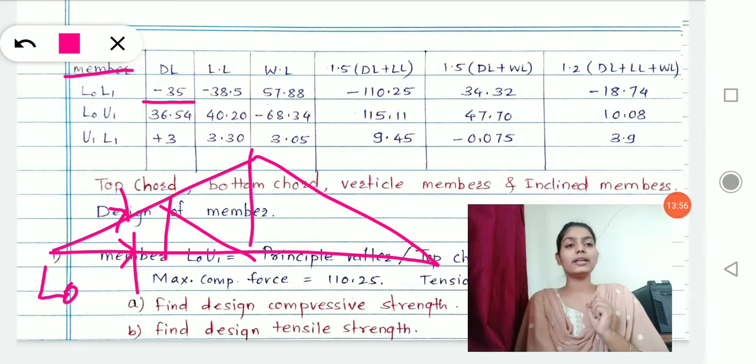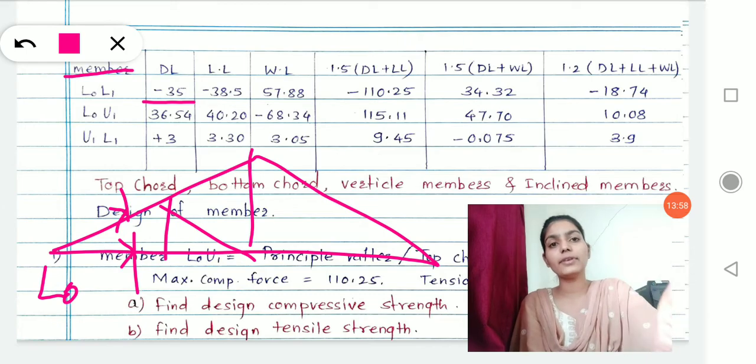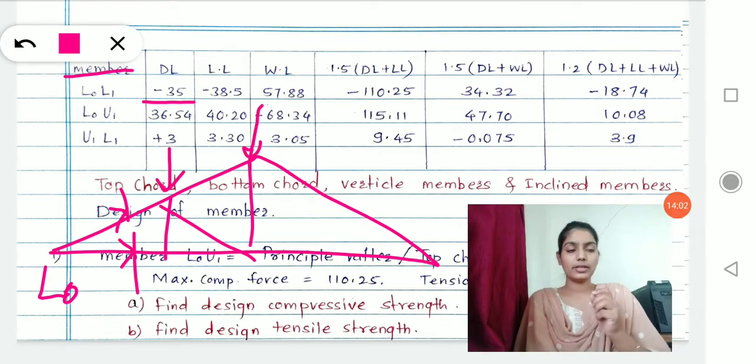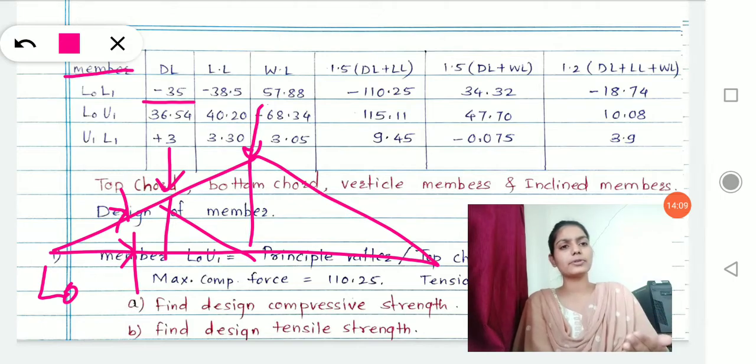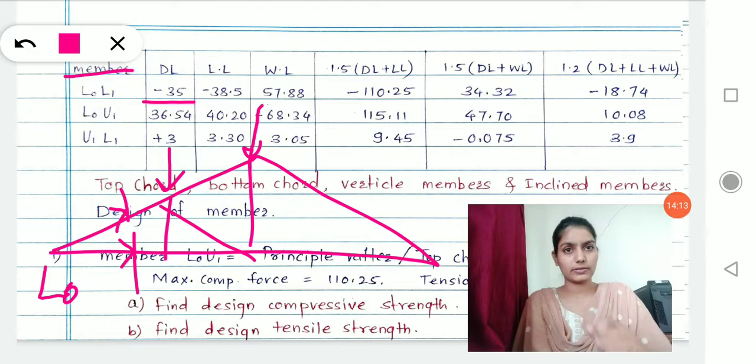We did that, we understood that. On the panel point, whatever force is acting is dead load. Similarly, you repeat the procedure for live load and wind load, and find out the forces in each member of your truss.